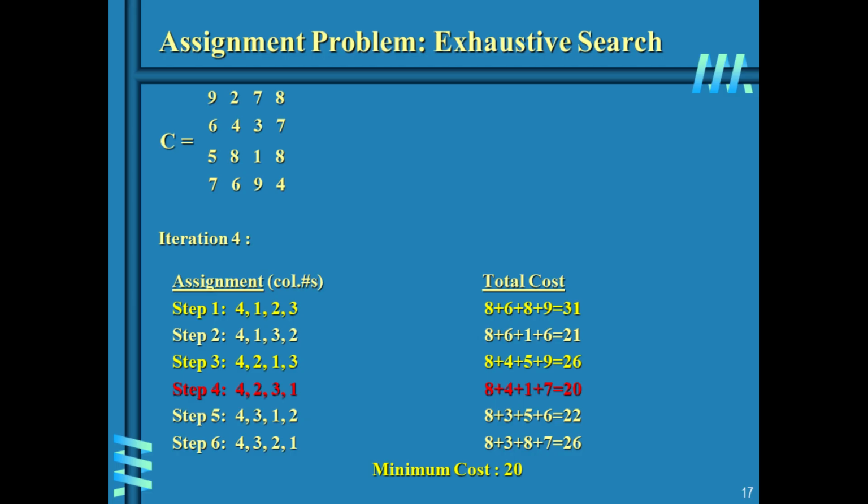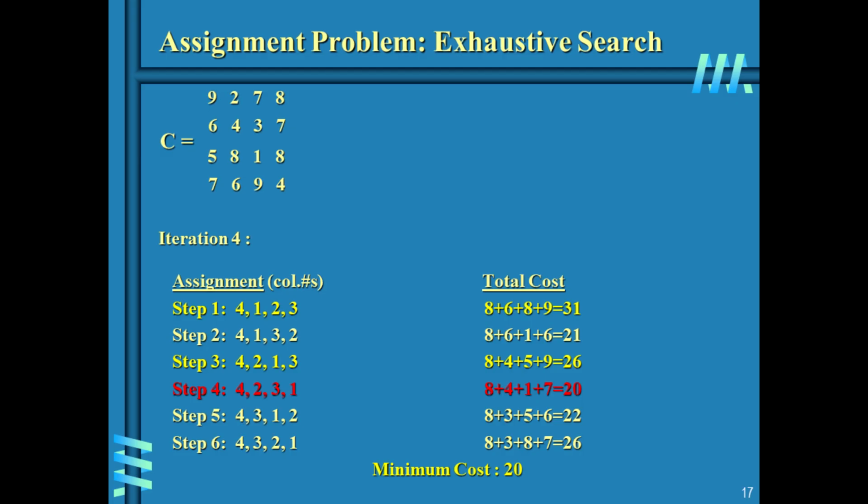Step 2 of iteration number 4 assumes that job 4 is assigned to person 1, job 1 is assigned to person 2, job 3 to person 3 and job 2 to person 4 whose total cost is 21.